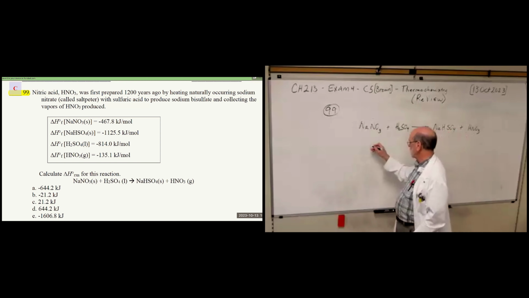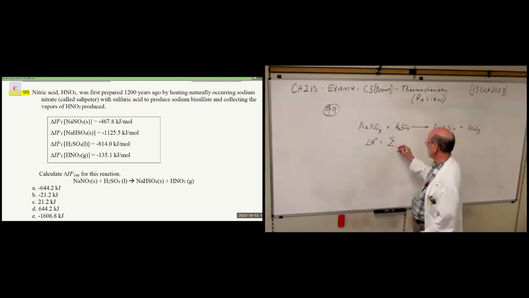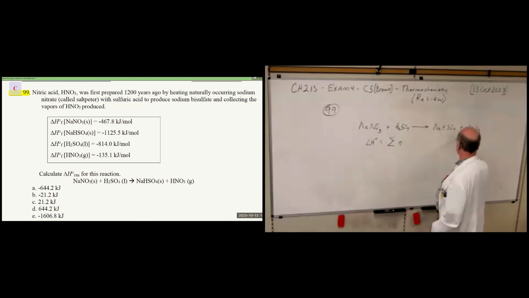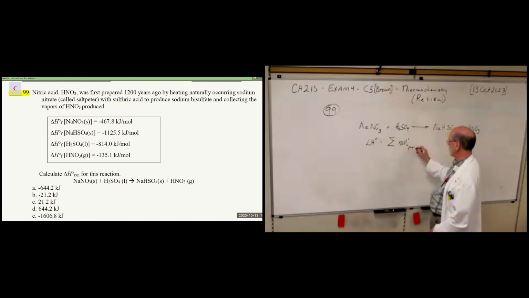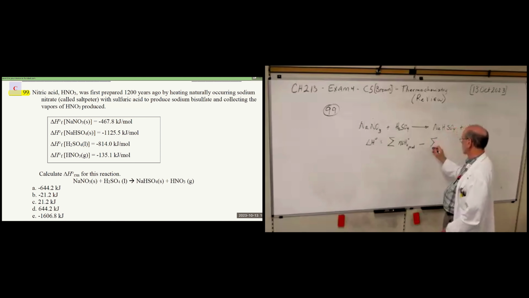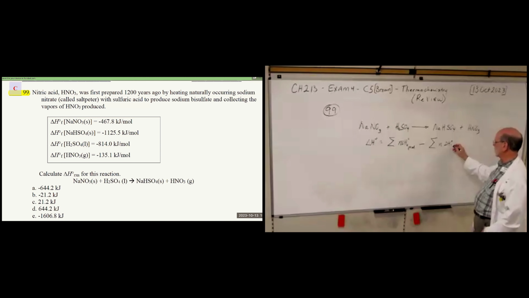And the formula, the delta H for this reaction is the summation of the heats of formation for the products minus the sum of the heats of formation for the reactants.